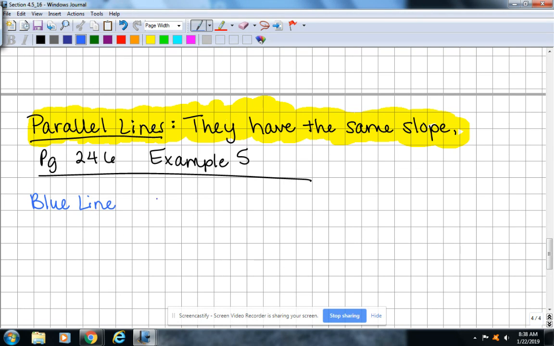Remember, the formula for slope is m equals y2 minus y1 over x2 minus x1. So what are the 2 ordered pairs they have on the blue line? (-1, -1) and (2, 0). So if I plug those into my formula, what's y2? 0 minus -1 over what's x2? 2 minus -1.